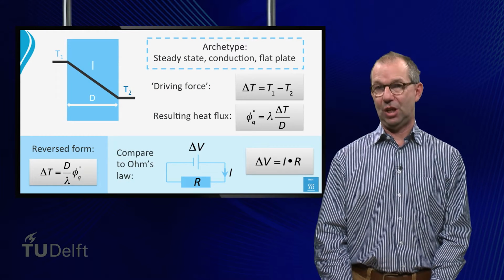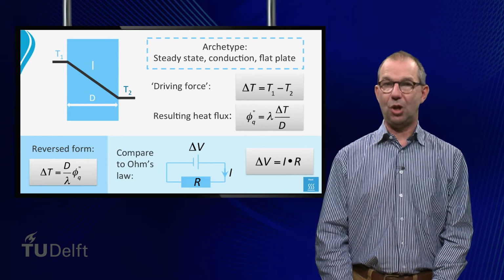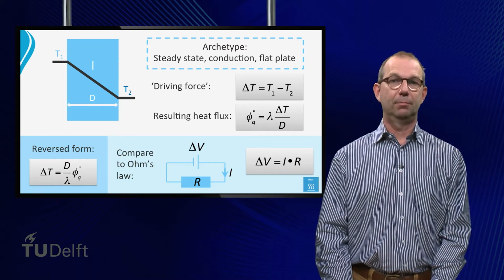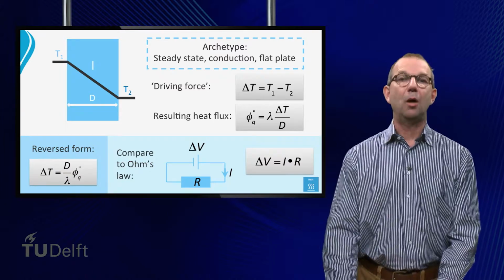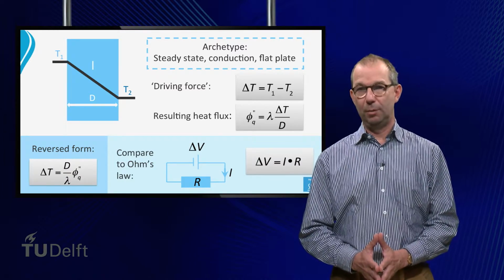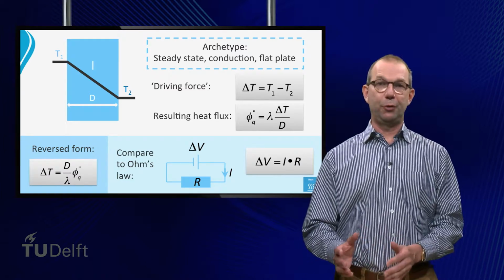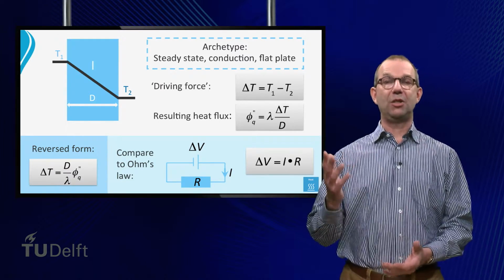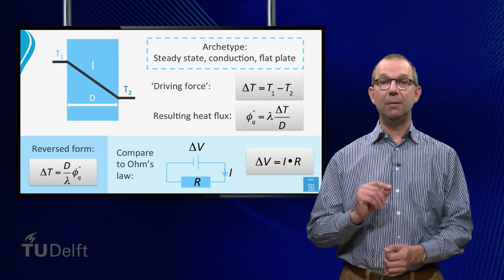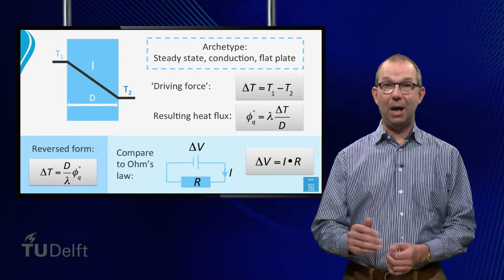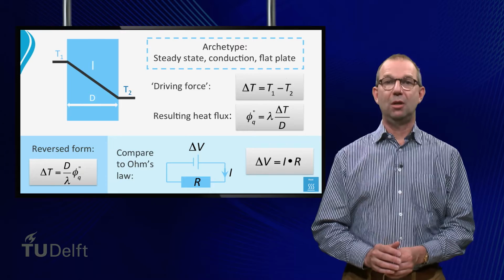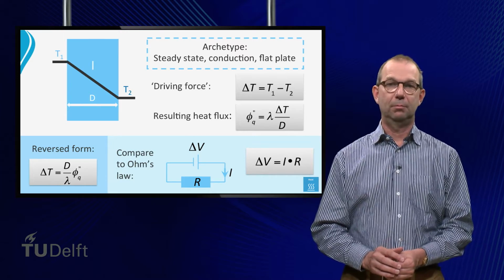Ohm's law then states delta V equals I times R. Actually, our heat transport problem is quite similar. Delta T plays the role of the voltage difference, while the heat flux is the current. We thus see that d over lambda actually is a resistance, but now to heat flow.